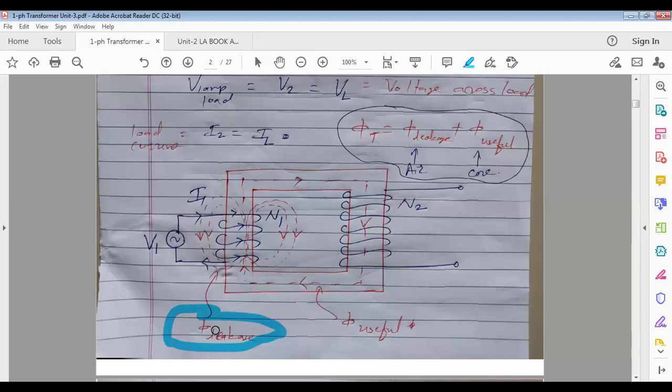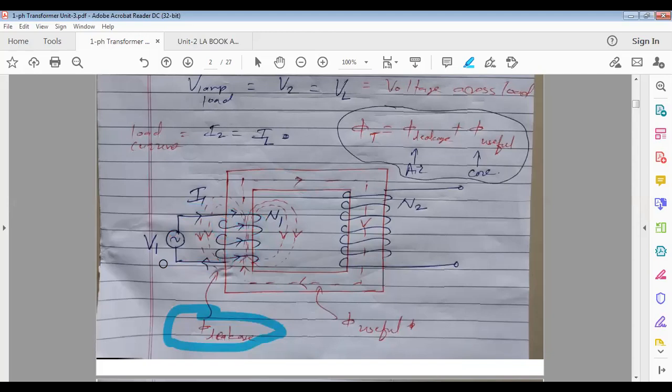An ideal transformer is the one whose leakage flux is 0, whose copper winding resistance is also 0, and it is not practically possible, isn't it? In the books you will find the ideal transformer term and some theory for it, but none of the transformers is ideal.